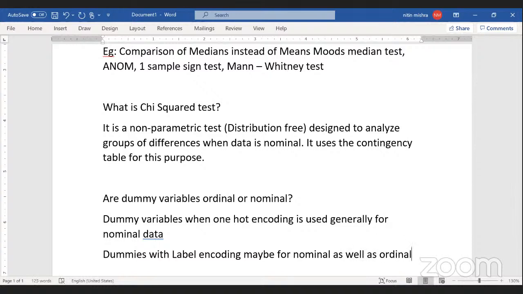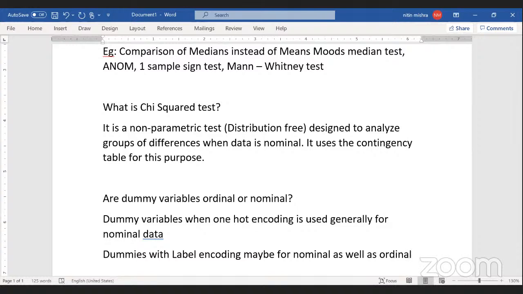Now let me explain about this. I was just typing out so that after that I can explain about it. So whatever is the original data, whatever categorical data that we have, for that particular data we are going to create the dummy variable. All right.